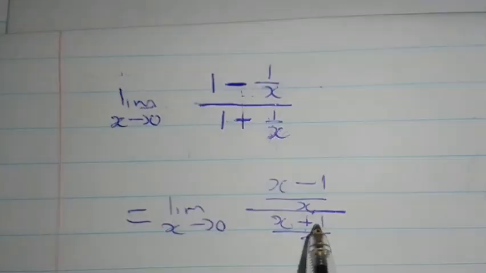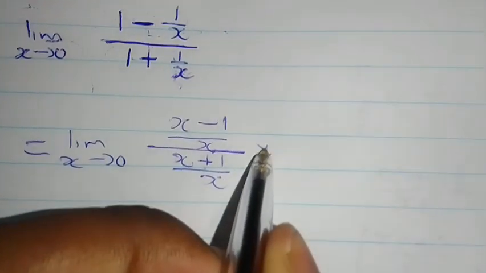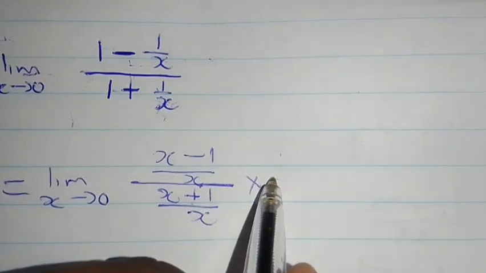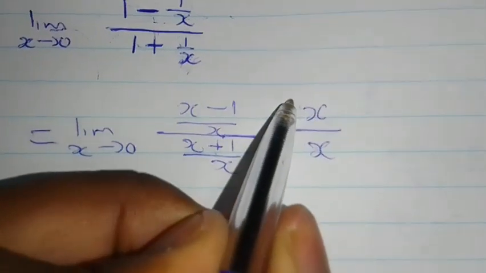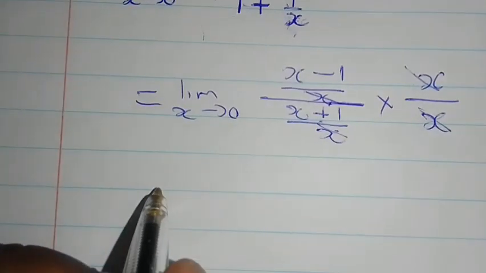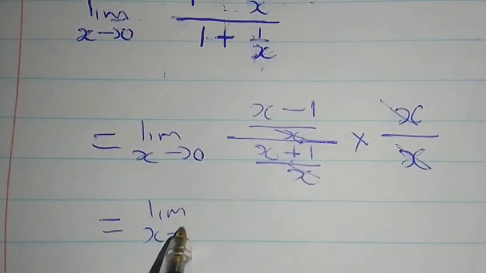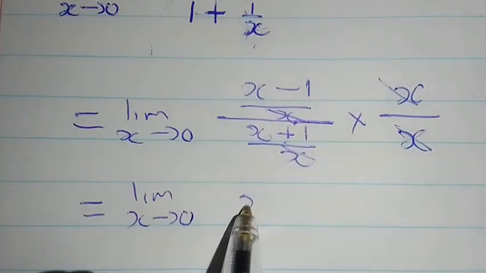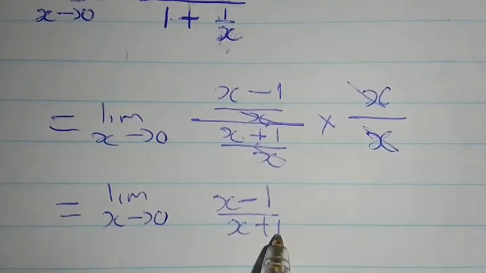Then you have x here. Now what you're going to do is multiply both the numerator and the denominator by x. So this x will cancel this x, this x will cancel this x, and then you have the limit when x goes to 0 of x plus x minus 1 over x plus 1.